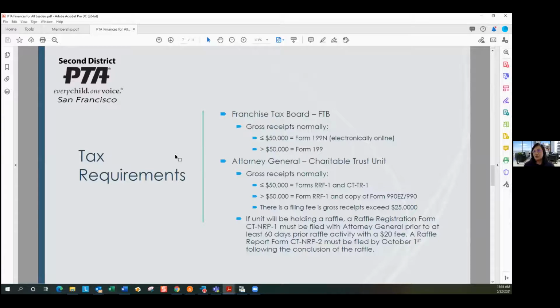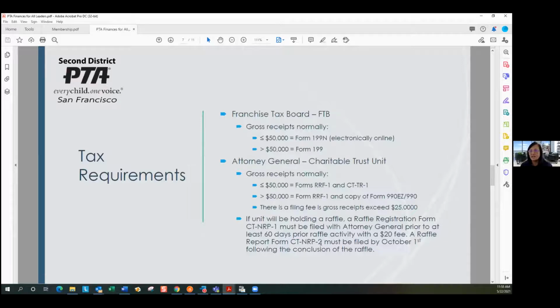But if the gross receipts are over 50,000, you would just file the RRF-1 and attach a copy of your 990 with that form. With the Attorney General form, there is a filing fee. If your gross receipts are over 25,000, I think it's a $25 filing fee.